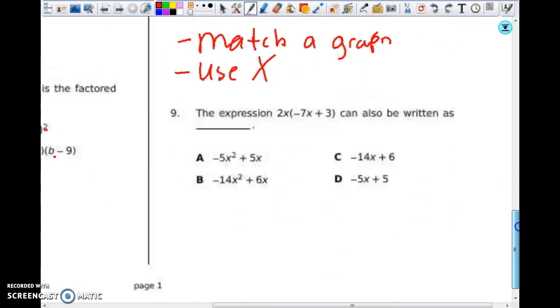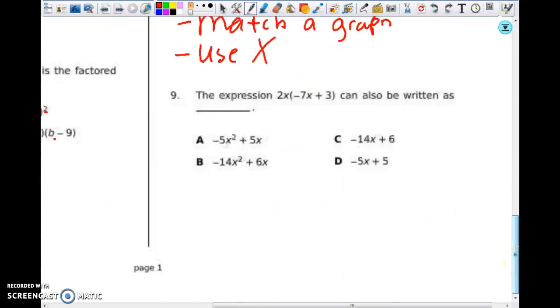Match a graph again. Number 9. Which expression can also be written as all of that? How do we do that? Match a graph. You put this in Desmos. Again, guys, if it can also be written a certain way, that means they also have to be the same, right?